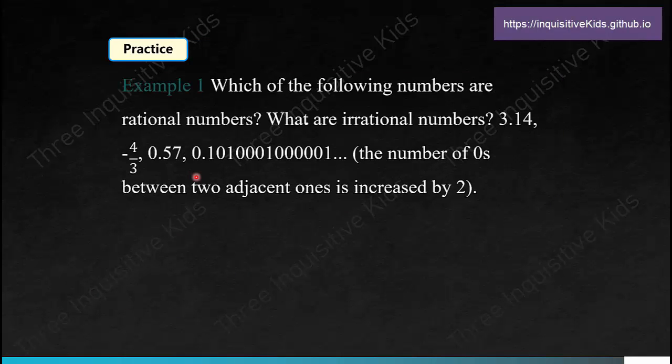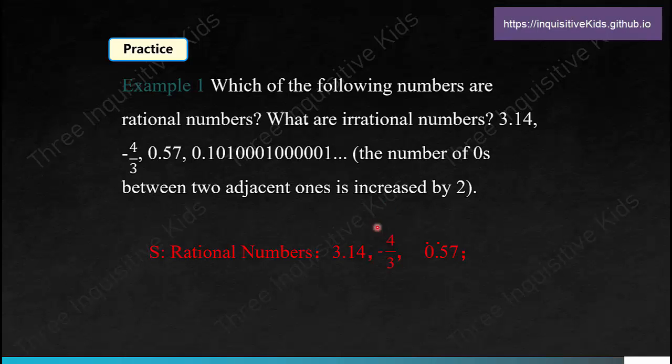Now practice. Which of the following numbers are rational numbers, and which are irrational numbers? There's 3.14, negative 4 over 3, 0.57 repeating, and 0.101001 where the number of zeros between two adjacent ones is increased by 1 each time. Now we're going to do this together.